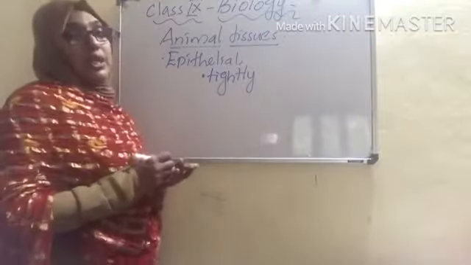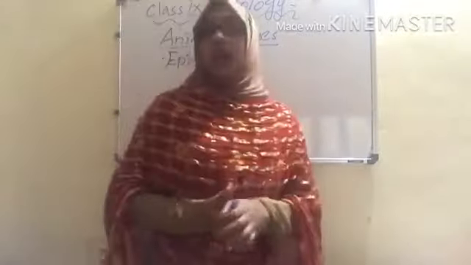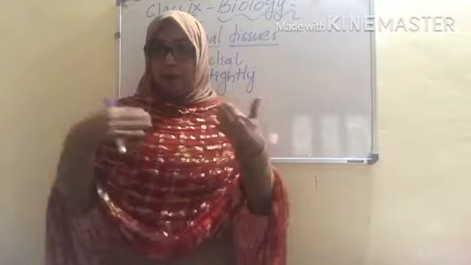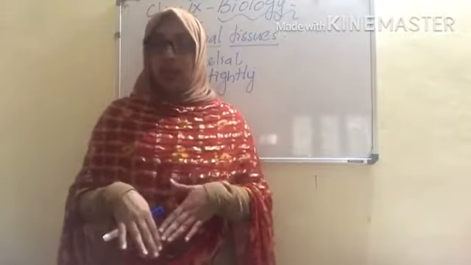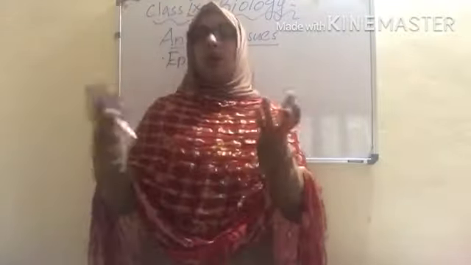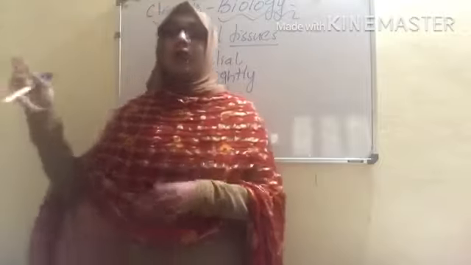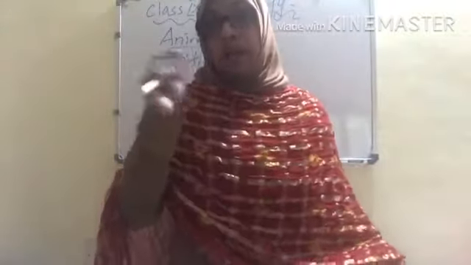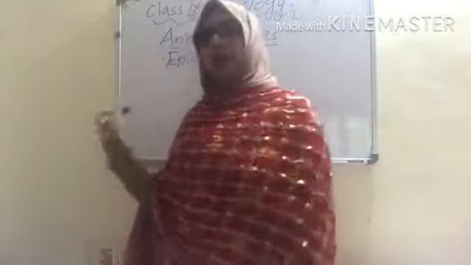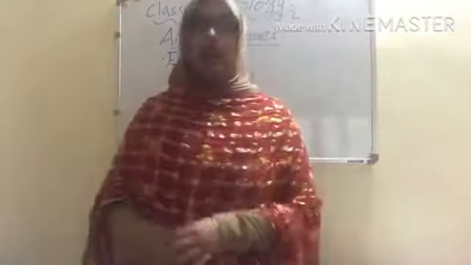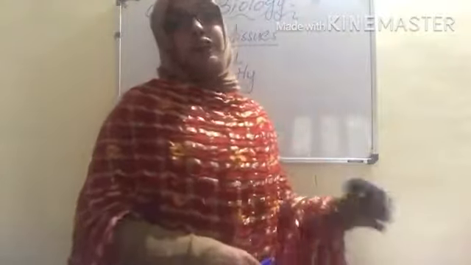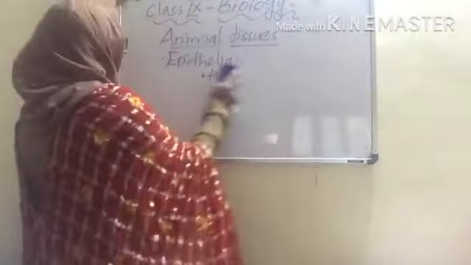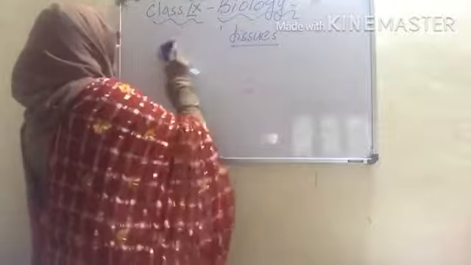So any substance that is entering or exiting our body, any particle coming in or going out, has to pass through this epithelial tissue. So the permeability of the cell will be regulated by this epithelial tissue. Okay. So we are going to see the different types of epithelial tissue.